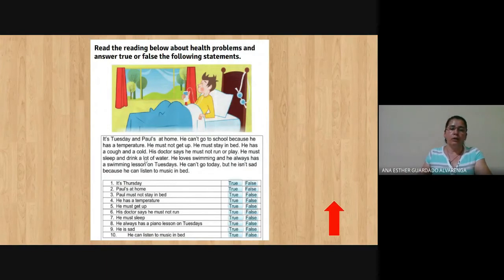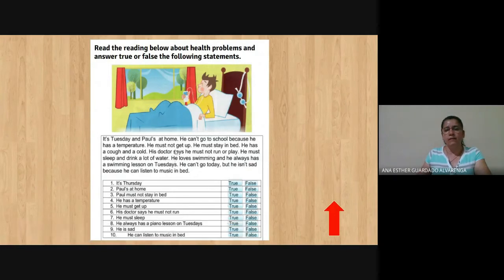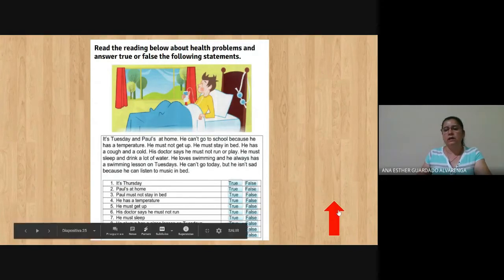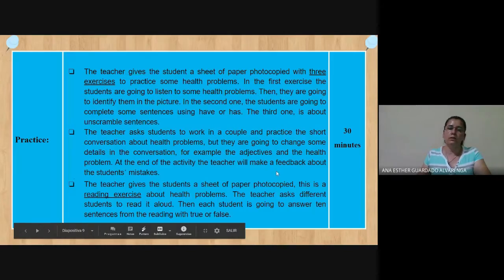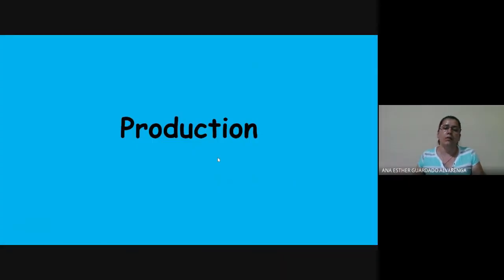They are going to answer the 10 sentences according to the information they have, and select whether each sentence is true or false. Then the teacher is going to take some minutes to check the exercise. We have 30 minutes to do it, and now we have the production.